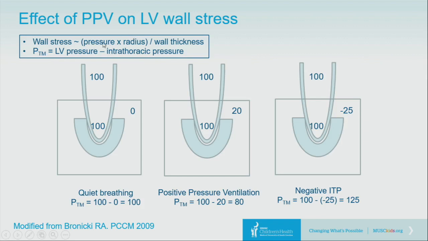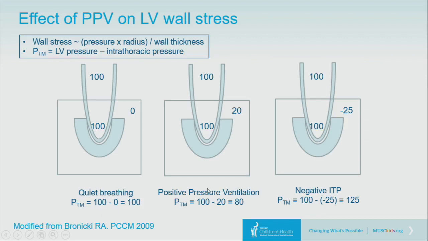But in terms of our wall pressure, transmural wall pressure is calculated by subtracting your intrathoracic pressure from your left ventricular pressure. So if you look at these schematics, the first one is like all of us sitting here now, quietly breathing. If our left ventricular pressure is 100, for example, millimeters of mercury, and you're quietly breathing, your intrathoracic pressure is going to be close to 0. So your transmural wall pressure will be approximately 100.